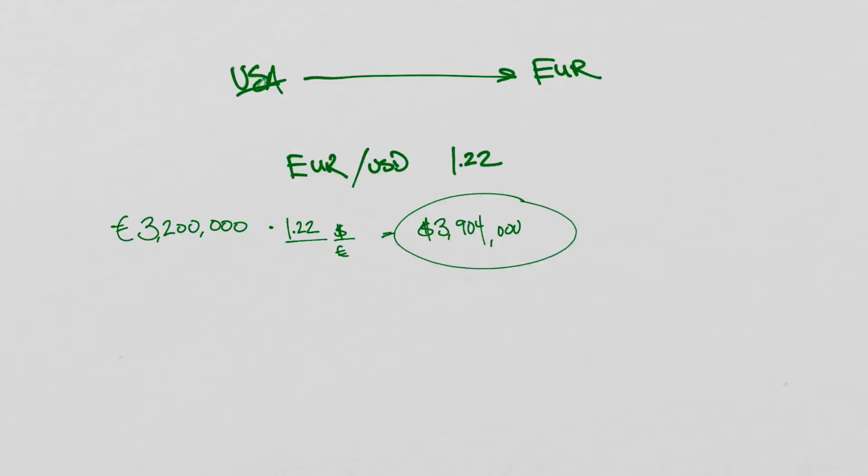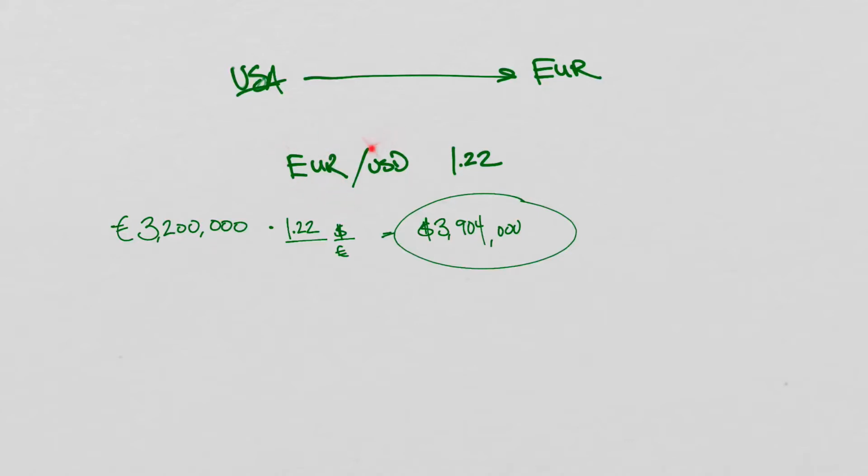Remember, if you're thinking about whether to multiply or divide to convert these currencies, in this case, 1 euro buys $1.22. So I know if I go from euros to dollars, I'm going to end up with a larger number. And likewise, if I go from dollars to euros, I'm going to end up with a smaller number.